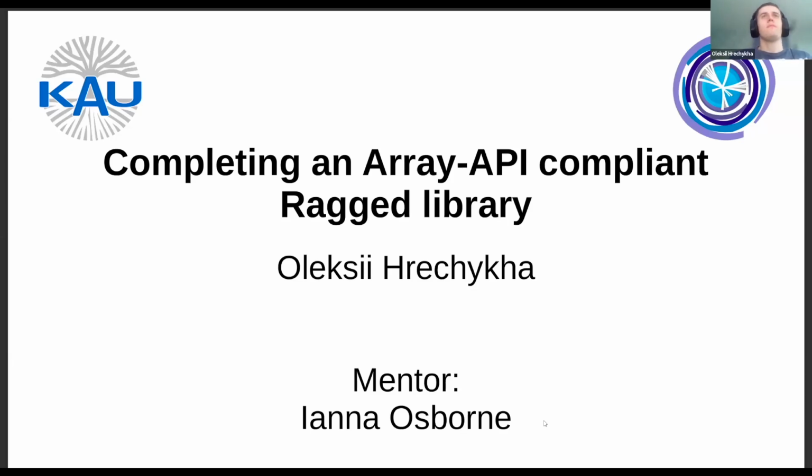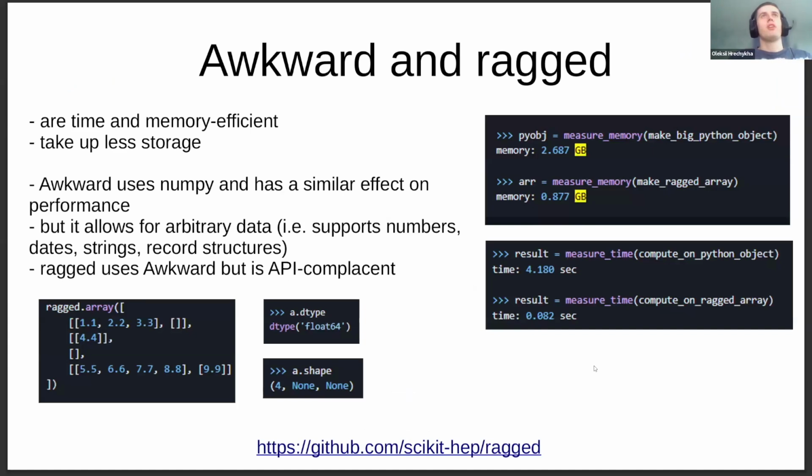And usually these arrays are handled by the Awkward Array library, which is very fast and memory efficient and basically does what NumPy does as compared to Python, except for ragged arrays.